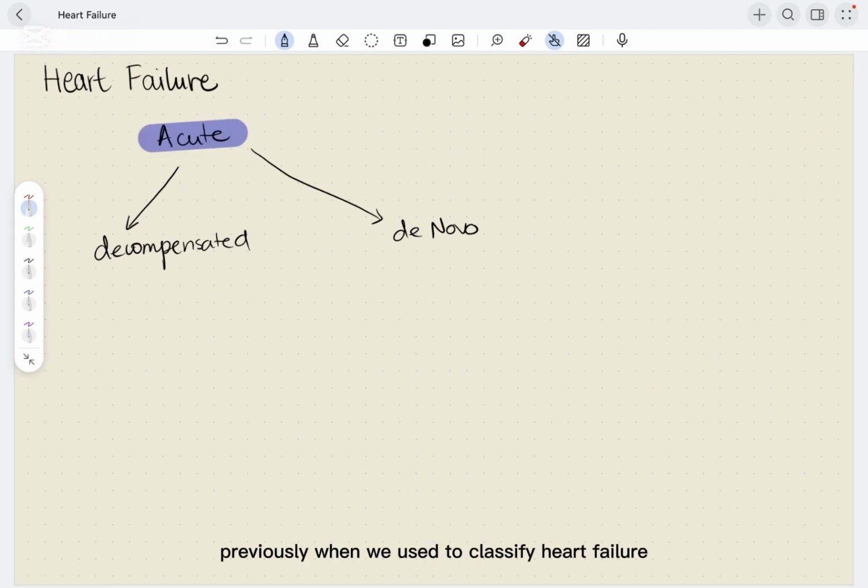Previously, when we used to classify heart failure, we used to classify it as systolic heart failure, diastolic heart failure, congestive heart failure. But nowadays, these terms are labeled misleading. So, what we prefer to classify our heart failure into is, does the patient have a reduced ejection fraction, that is ejection fraction of less than 40%?